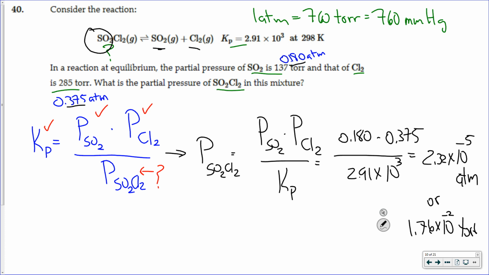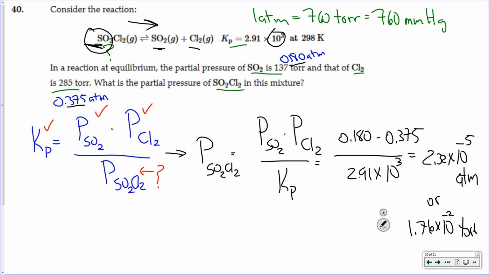Because this value is 1,000 plus, this reaction wants to run in that direction. That's a check you can do to make sure you get an answer that makes sense. If the K had been very small, 10 to the minus 3, I'd expect this number to be big compared to the others. So this is just a mental check that you can look at, to make sure you're setting the problem up and getting a reasonable idea of it.